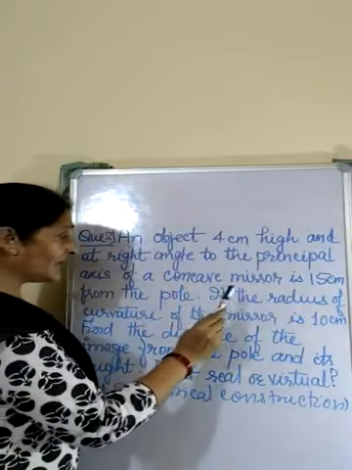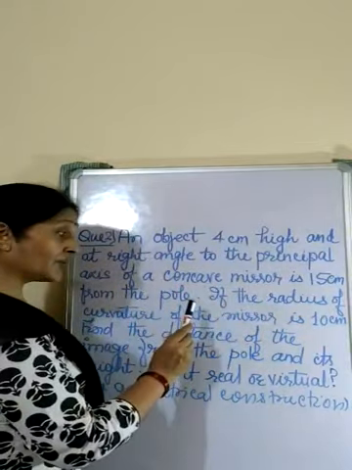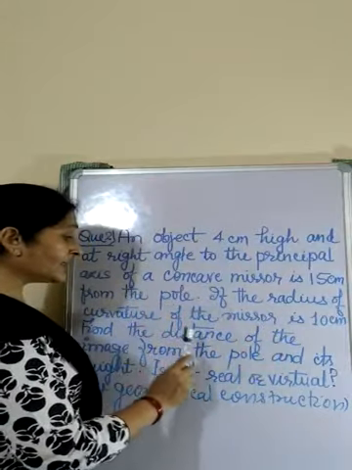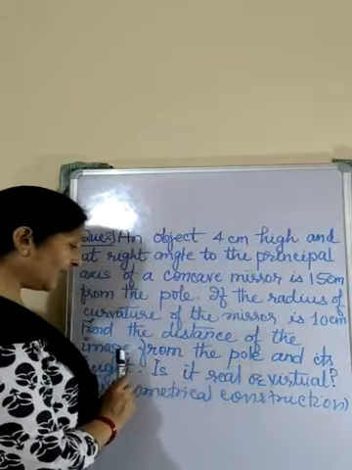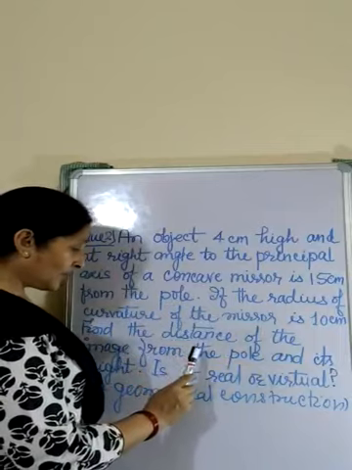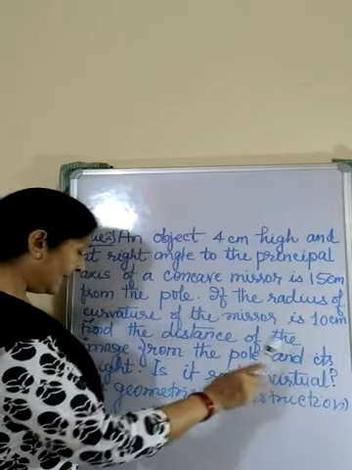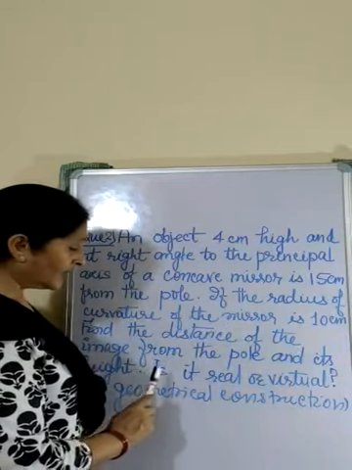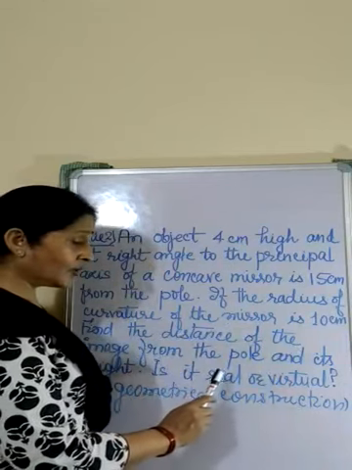If the radius of curvature of the mirror is 10 centimeter, find the distance of the image formed from the pole and its height. Also you have to say, is it real or virtual?